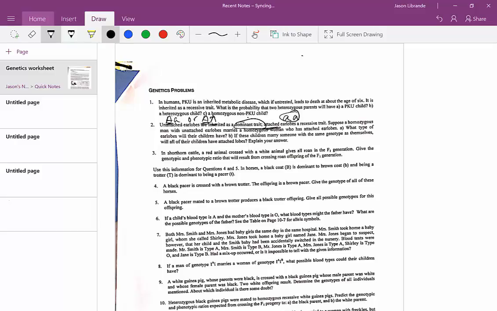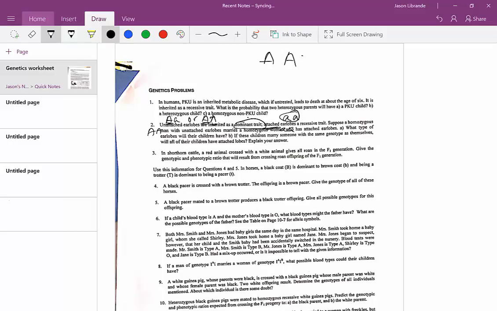Suppose a homozygous man with unattached earlobes, that would mean 2 uppercase A's, so homozygous dominant, marries a homozygous woman who has attached earlobes. Essentially that's lowercase a, lowercase a. What type of earlobes will their children have? Let's do the cross for that.